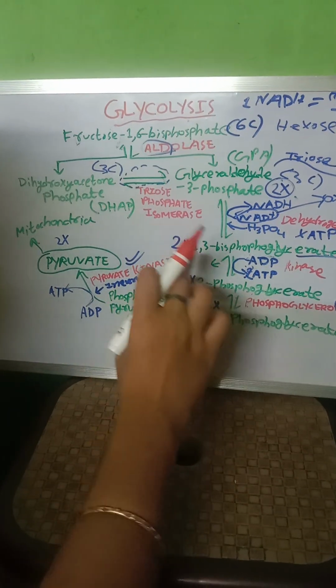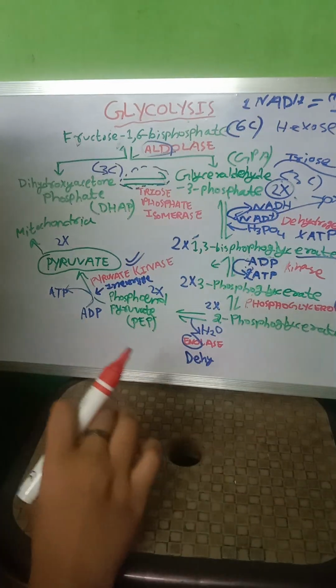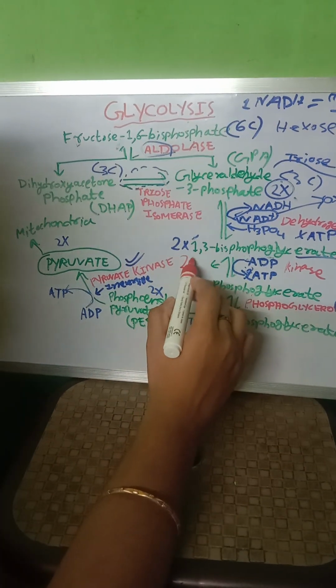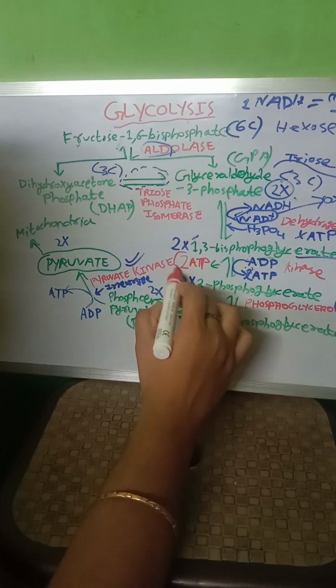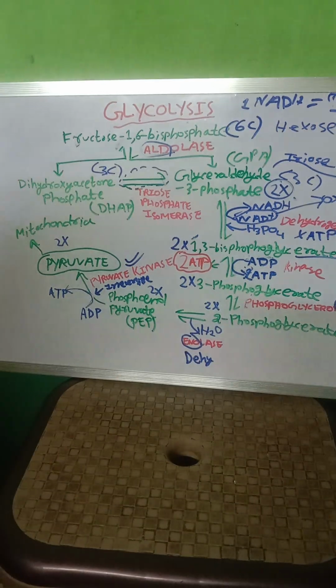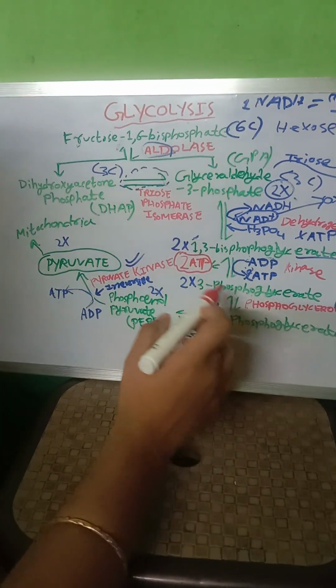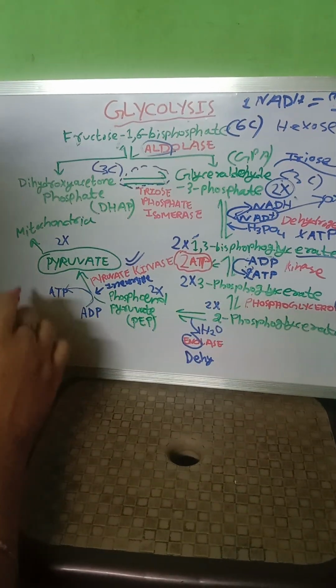For two of such similar compounds, we'll be getting 2 ATP. Then from here, we're also getting ATP.